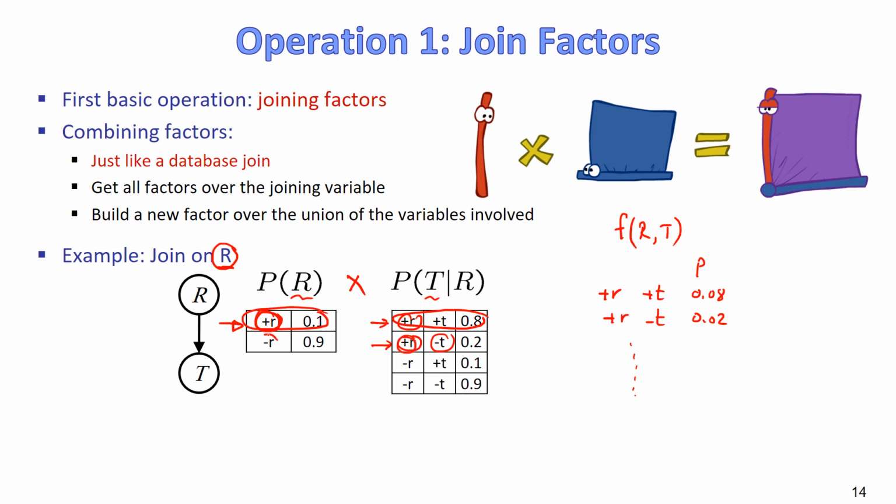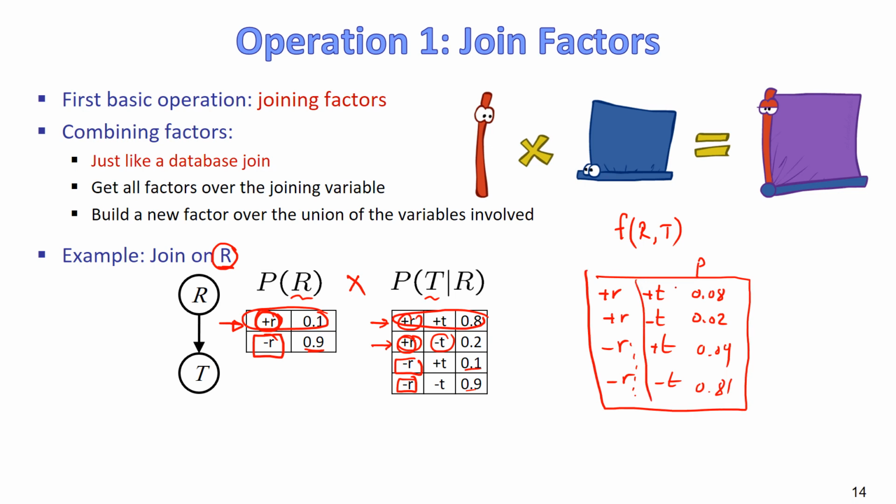Here this is minus R, so we'll find this is minus R, this is minus R, so multiply 0.9 with 0.1, we put here 0.09, multiply 0.9 with 0.9, we put here 0.81, and that's it. That's the whole table now. So that's minus R plus T, and that's minus R minus T. That's the entire factor, the new factor. So that's R, that's T.